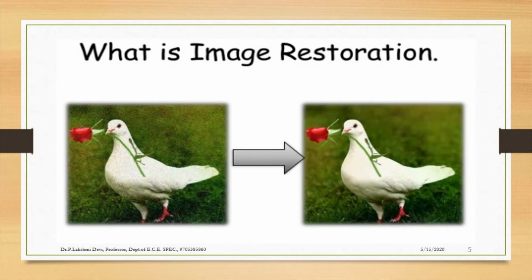Once you identify the reason, then we can take proper measures in the reverse manner in order to retrieve an image as close to the original as possible with improved quality. That means identifying the reason for degrading the quality of an image, and applying a reverse mechanism for retrieving it back to the maximum extent with improved quality, we call image restoration.